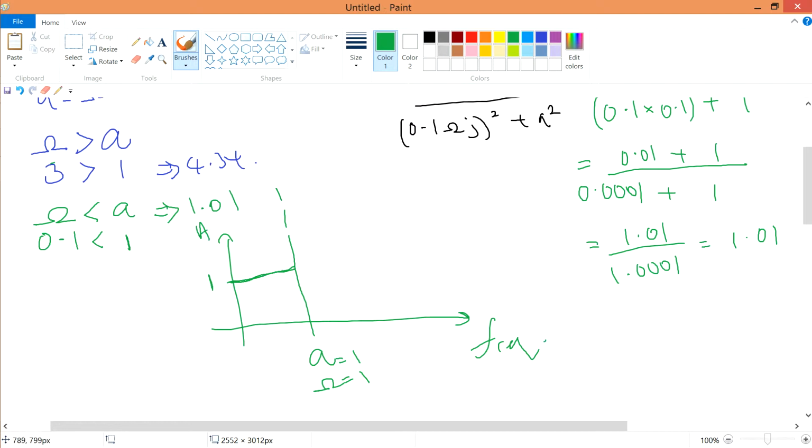This point over here will be your 3 dB, and then you go all the way up to 4.34. If you increase your frequency above your cutoff frequency, it will amplify. This point, for example, is your 4.34. The corresponding frequency is 3, which we have shown you, your omega is 3 over here.